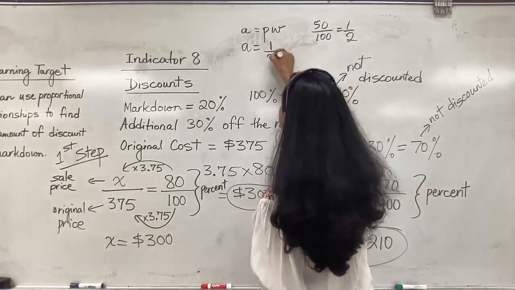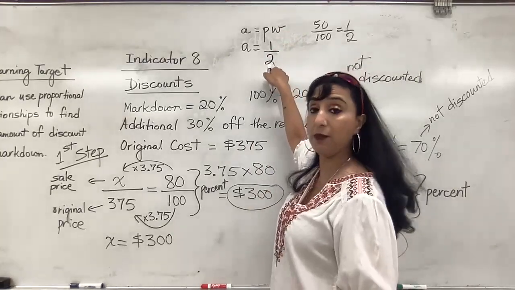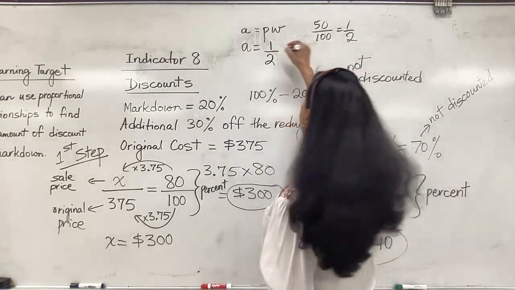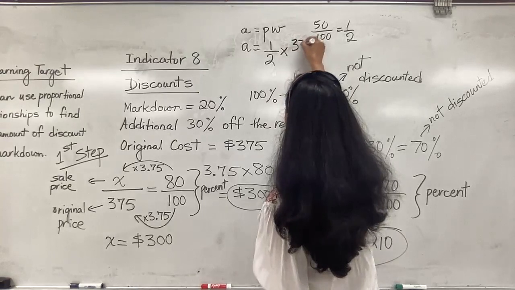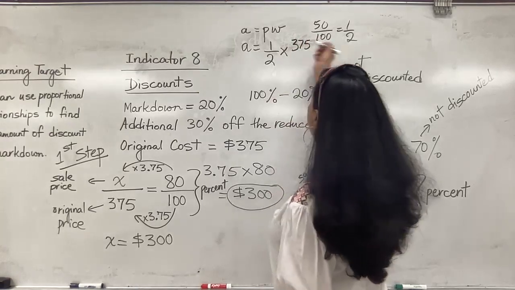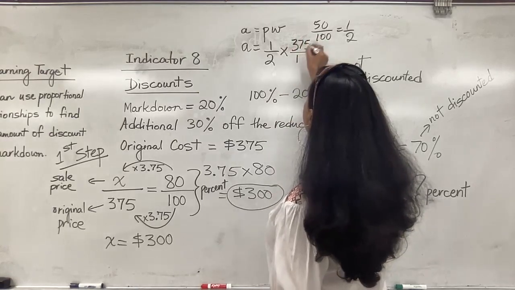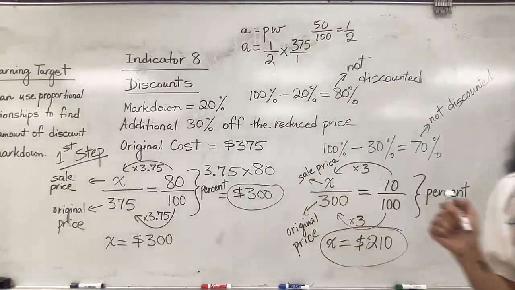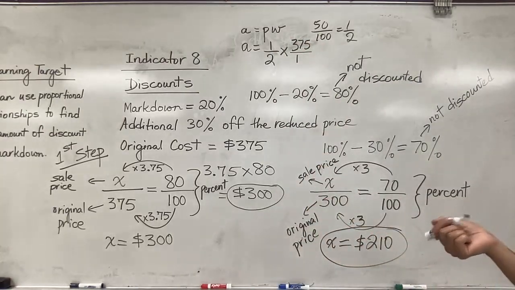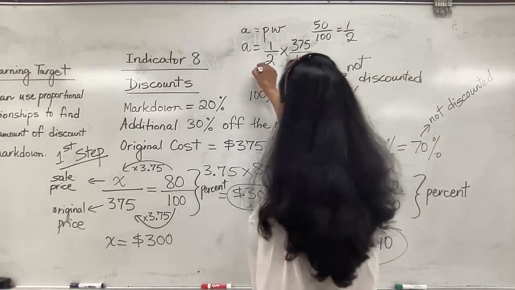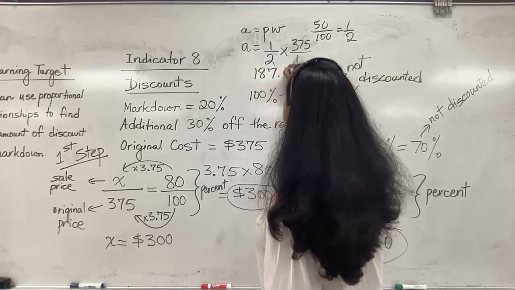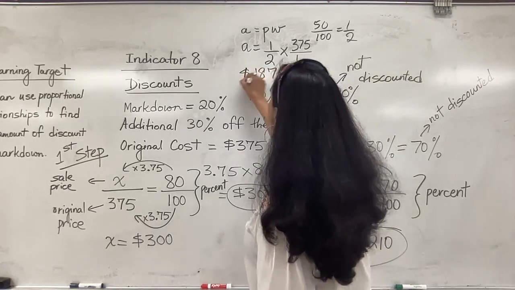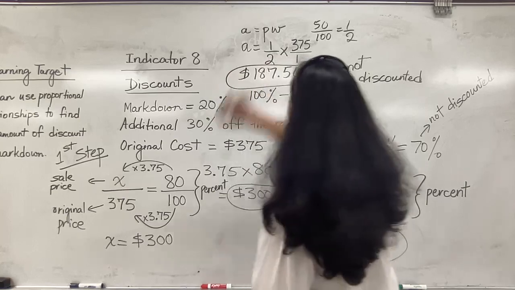I'm just going to write 1/2 because as a fraction, 50% is 1/2 times the original, which is 375. So when I am simplifying or doing this, what is 375 divided by 2, or half of 375, gives me $187.50. So this is my part, which is the final amount.